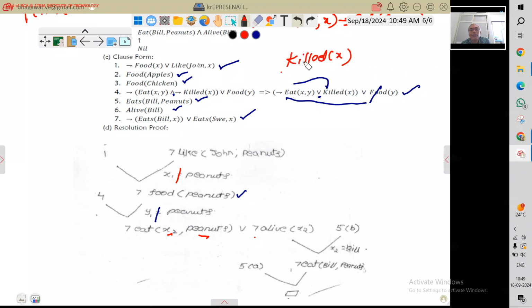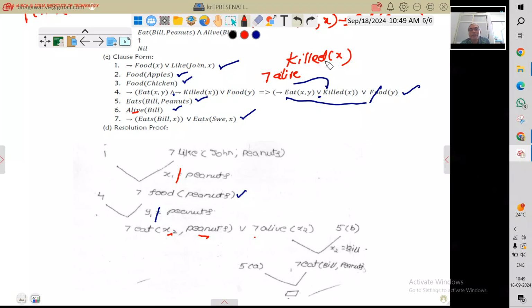Killed of x means we can think that it is dead. In order to get our resolution, we are slightly modifying the name of this predicate, and it is modified as alive. We know that we have already taken alive here. If he is killed, it means he is not alive.